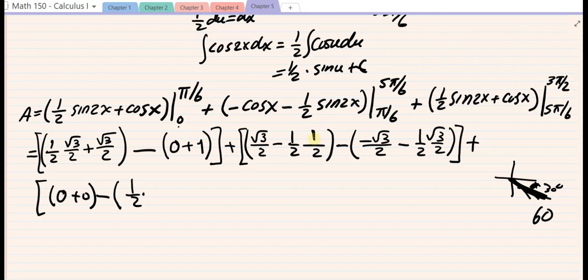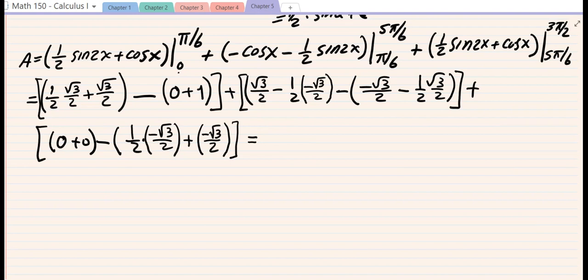Okay, hold on, let me make sure I got this right. Okay, I think I got this correct now. So everything should make sense and everything should be straightforward. Again, you plug in the upper limit and lower limits. You can do a quick check to see that I've got all of these measures done correctly.